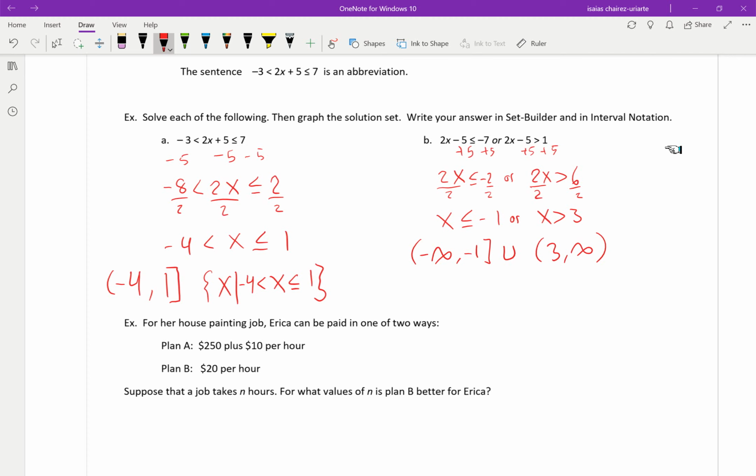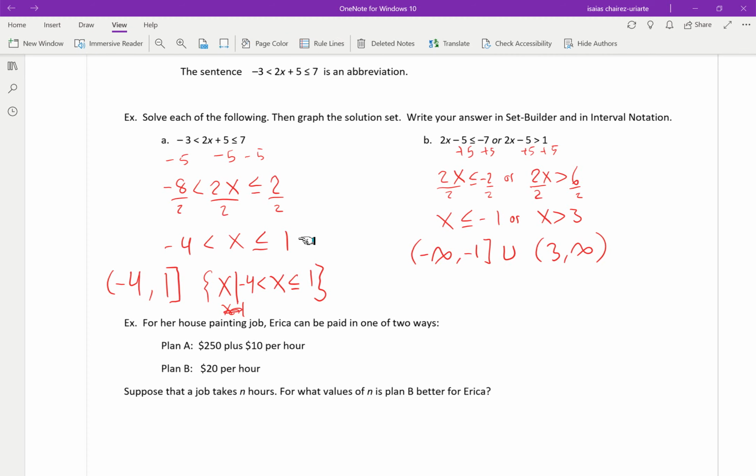Now let me say something about this previous one. What we could have also said here is that it's x's such that x is bigger than negative 4, and x is less than or equal to 1.